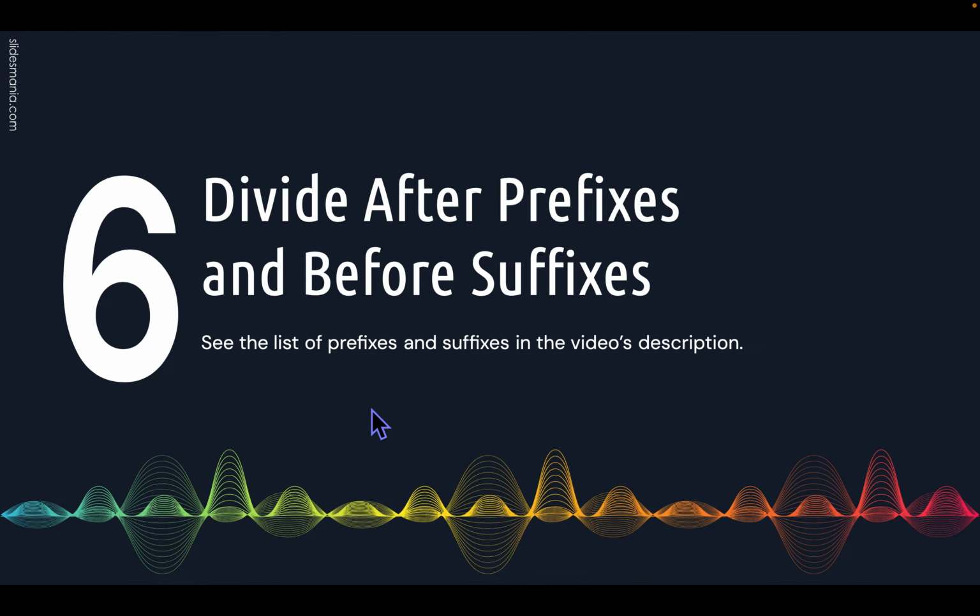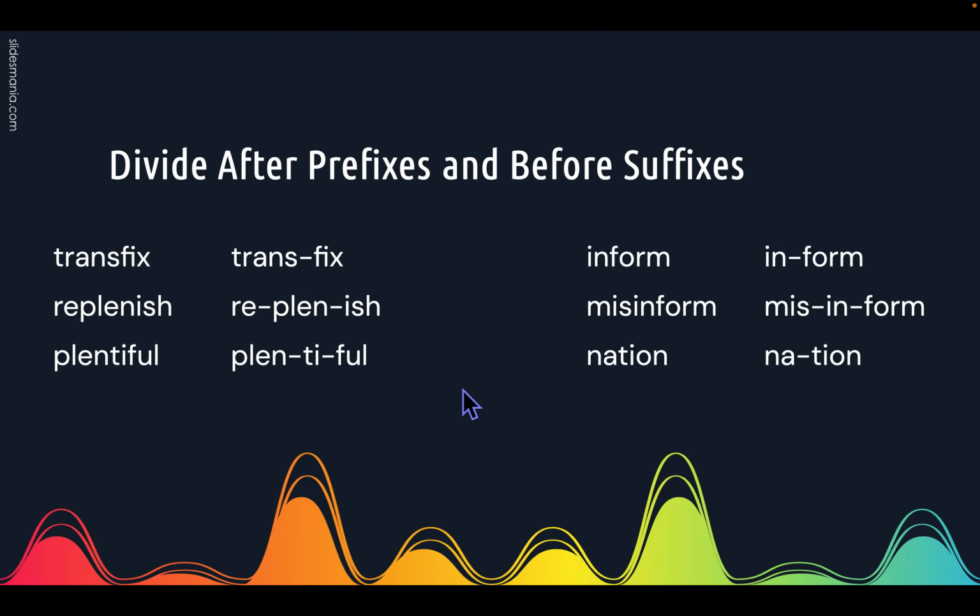Our next rule is we are going to divide after prefixes and before suffixes. You can find a list of these in the video's description. Now, where this rule comes in handy is once you get to very long words, because many words in English actually have multiple prefixes and suffixes in them. And if you can recognize them, it can turn a long word into something that is easy to read.